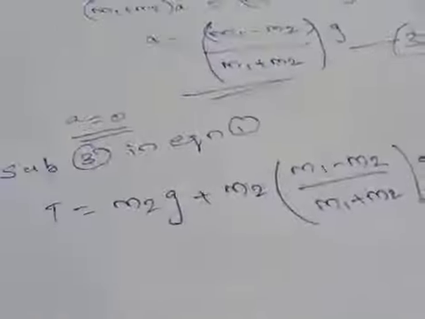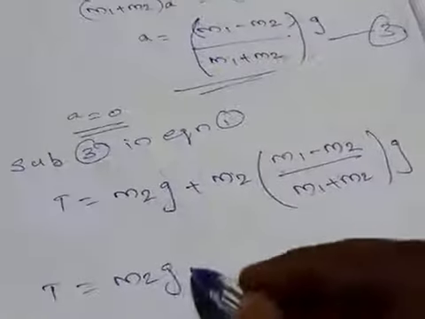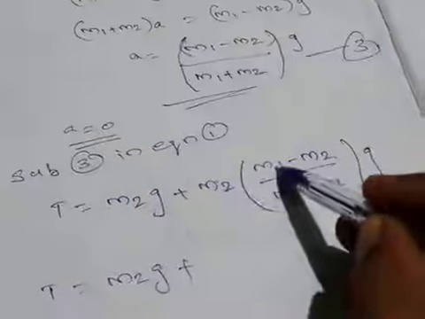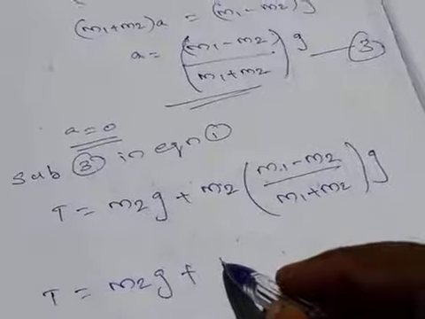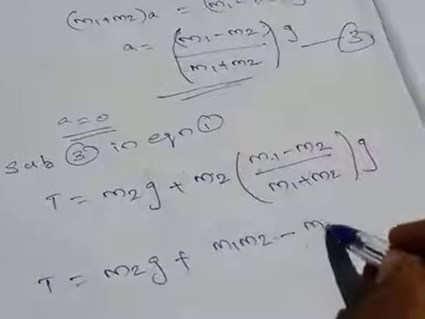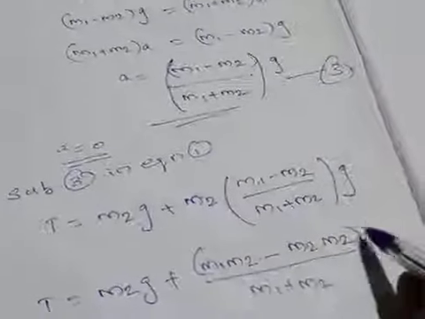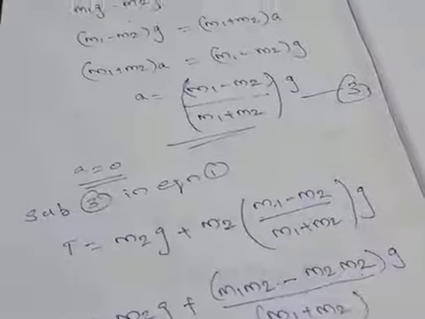Now the next step, T is equal to M2G plus M2 multiplied inside. So what will come? M1 M2 minus M2 M2 by M1 plus M2, separating this, G is there, so by M1 plus M2.